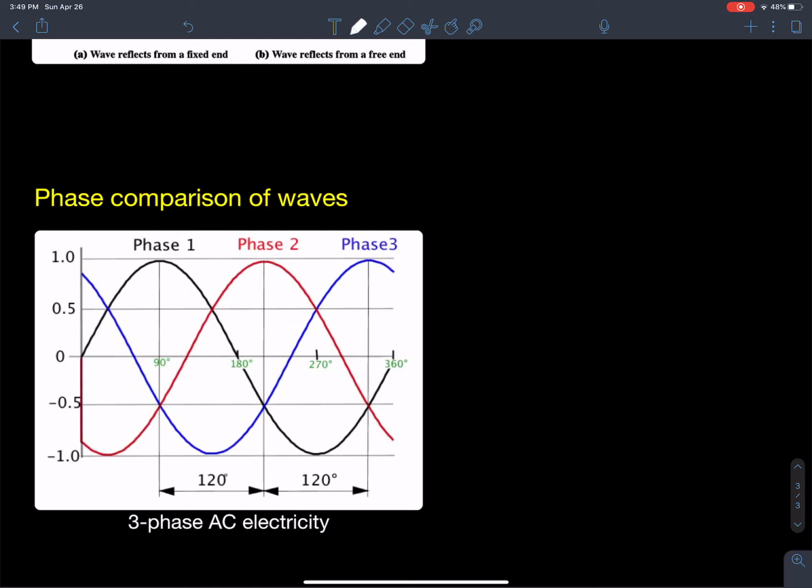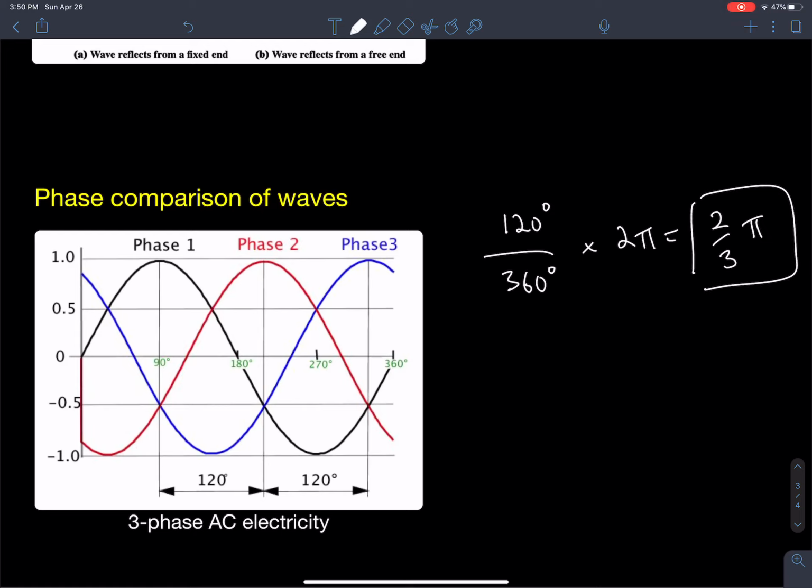So if I take 120 degrees divided by 360 degrees times 2 pi in a full cycle, that would give me 2/3 pi. And so we would say that each of those phases are 2/3 pi out of phase.